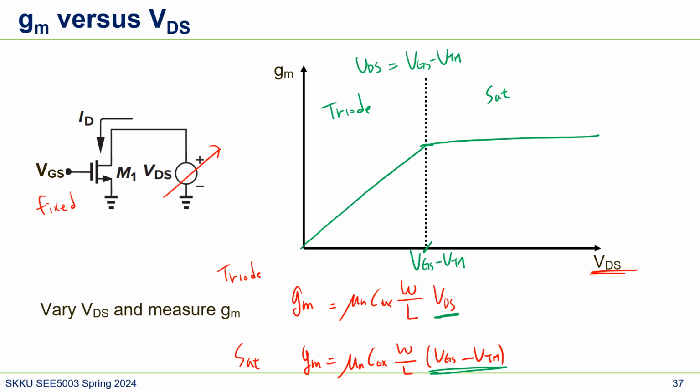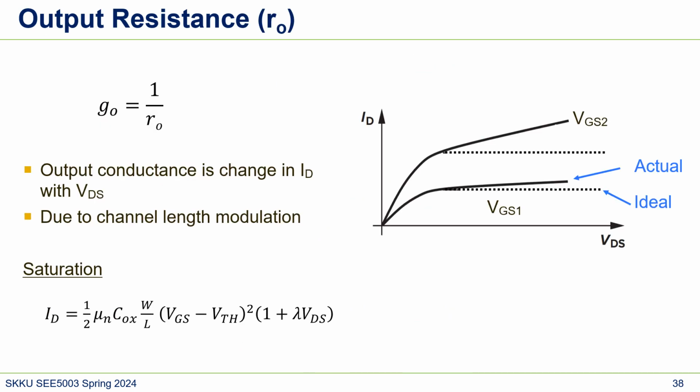In reality, we have channel length modulation, so this is not actually a straight line, but since at this moment we are ignoring it, the idea is that even if we increase VDS, GM stays kind of constant. Next one is output resistance. What did we learn so far? We learned GM, right?